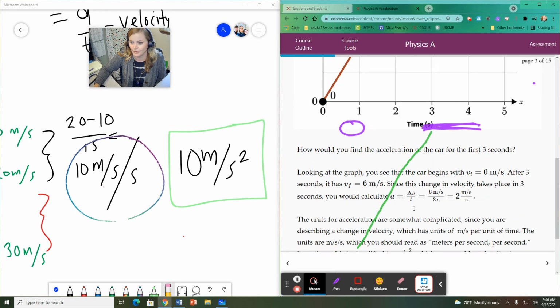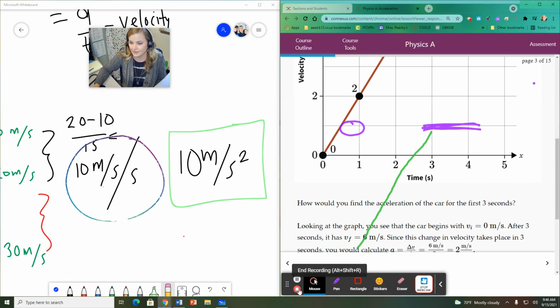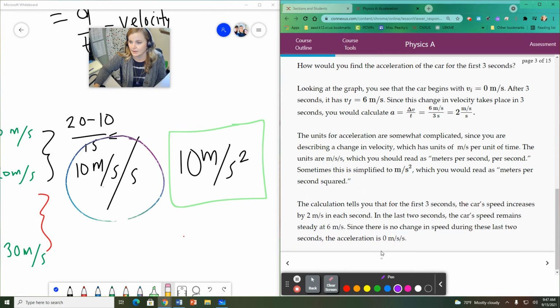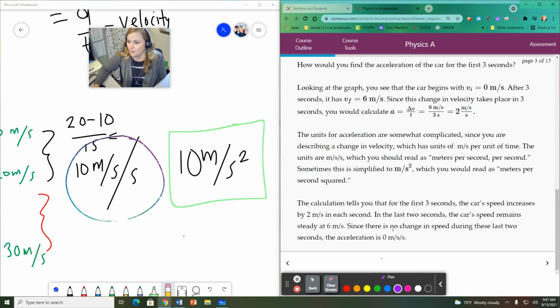Okay. Clear screen. How do I do that? Here we go. Yeah. So, I think that's pretty much the gist of this.